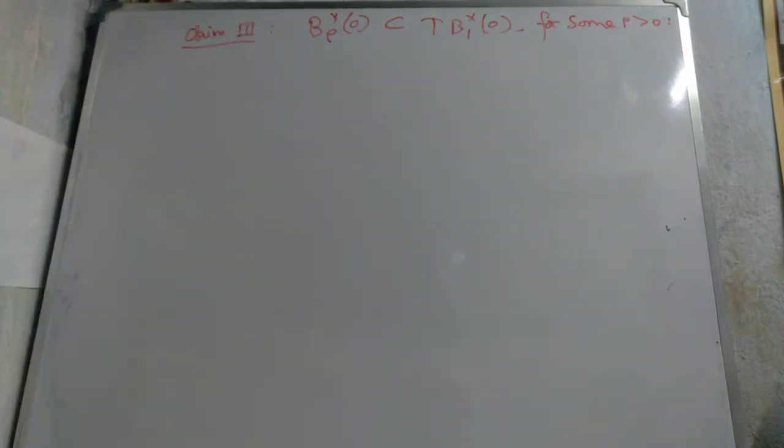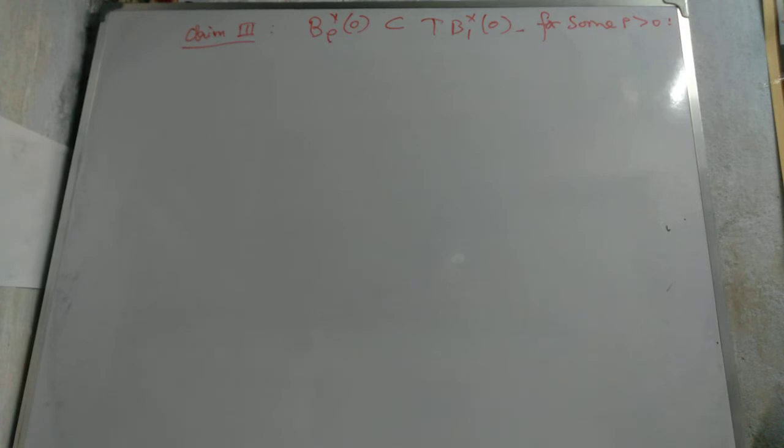First we show that 0 is an interior point of the closure of T(B_k(x0)) − y0, and second we show that T(B_k(x0)) − y0 is a subset of some image set of some open ball of radius 2k.